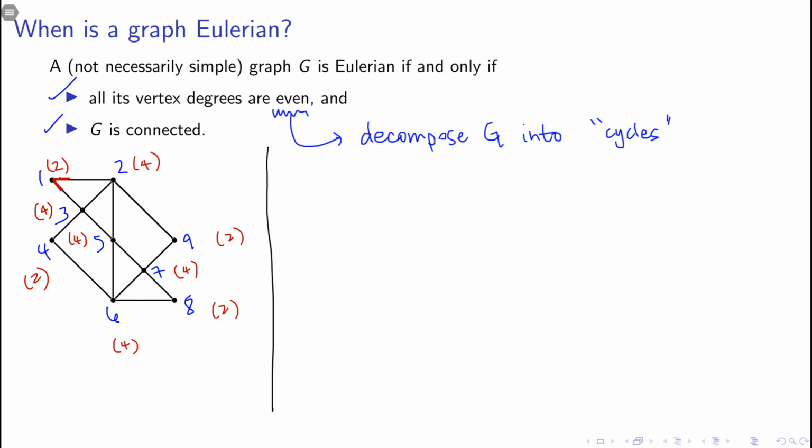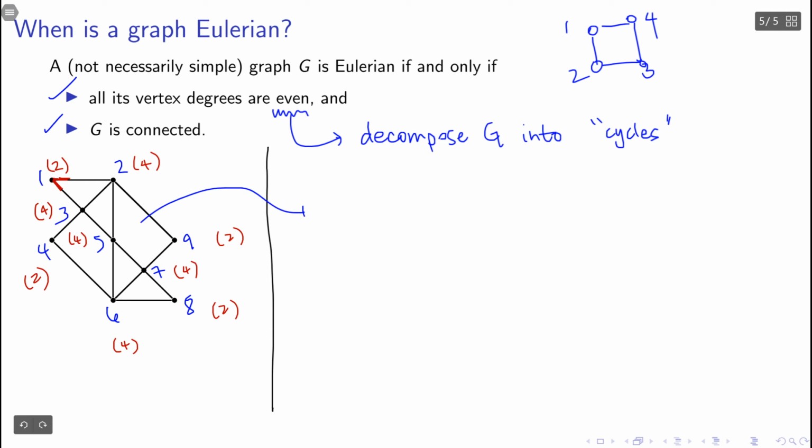We haven't really defined cycles yet, right? But a cycle is basically a path that's closed, right? So it's a path where you start and end at the same vertex. So this is the cycle of length 4, for instance. 1, 2, 3, 4, 1.